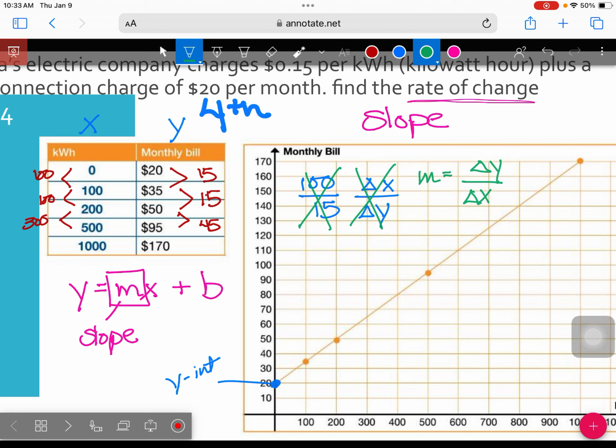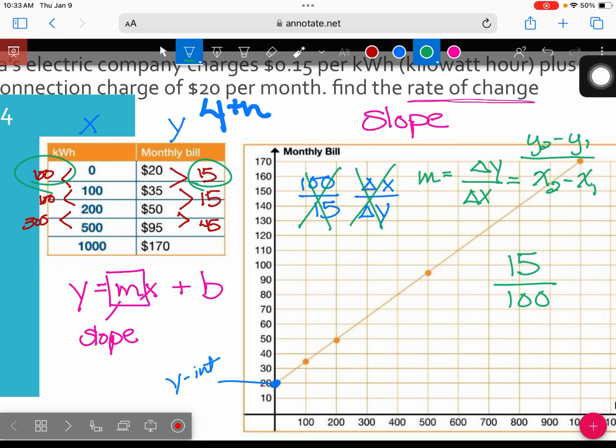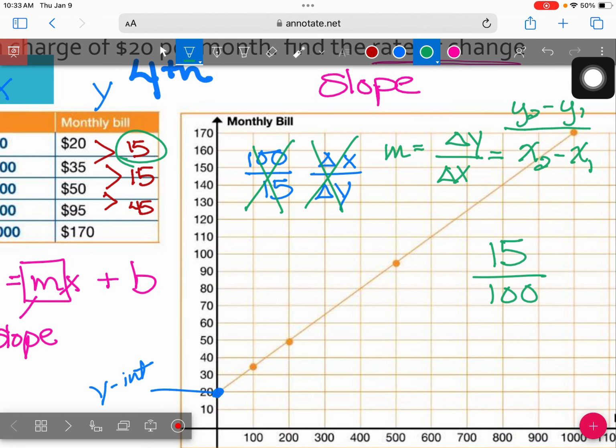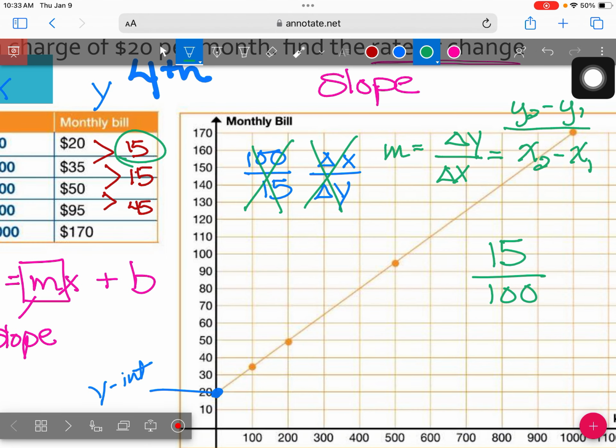If you remember, we also can take it as y sub 2 minus y sub 1 all over x sub 2 minus x sub 1. So the change we were looking at in the y's is 15 divided by 100. So 15 over 100, is that my slope? Well, kind of. Can we simplify that?